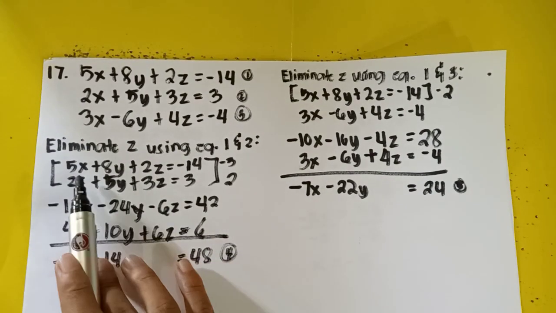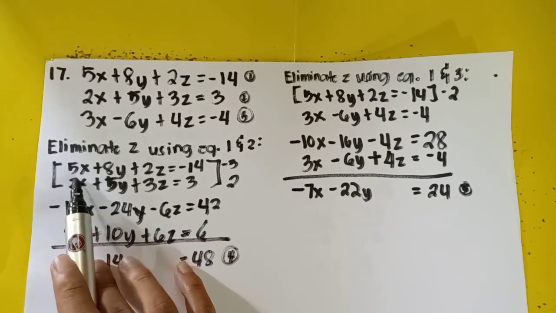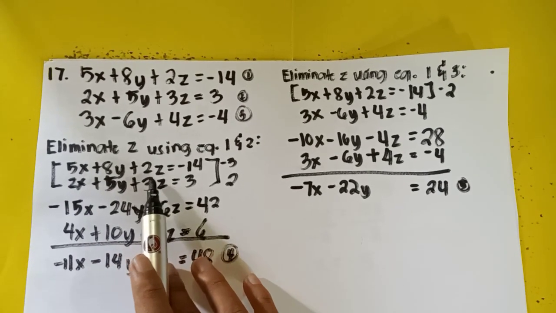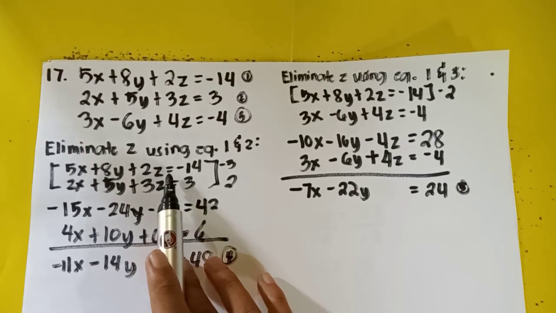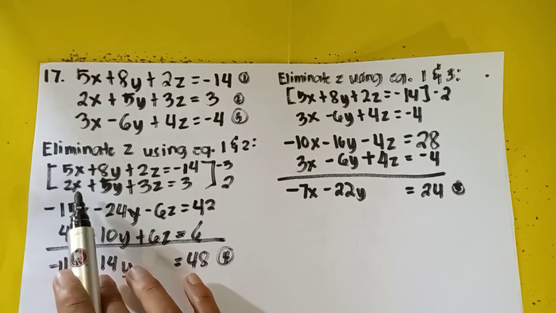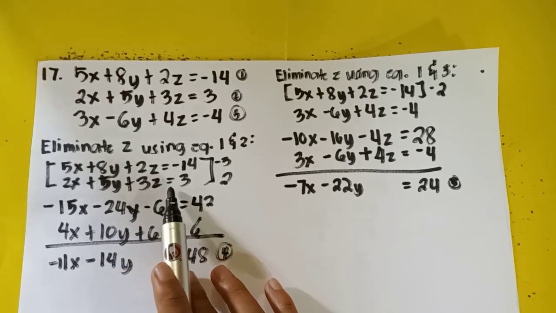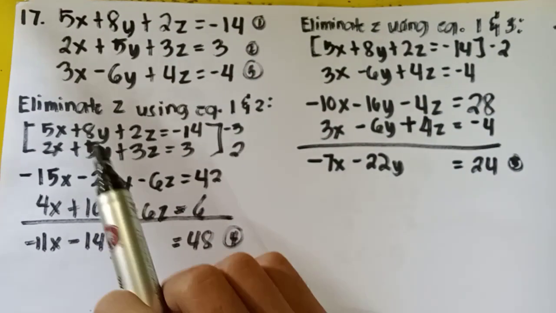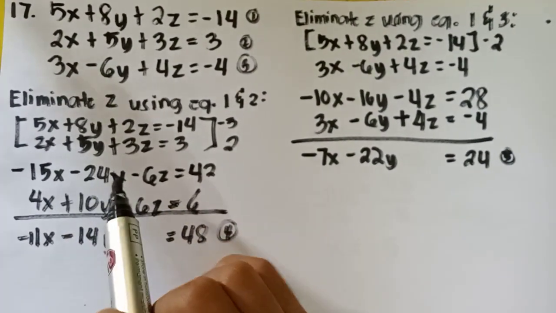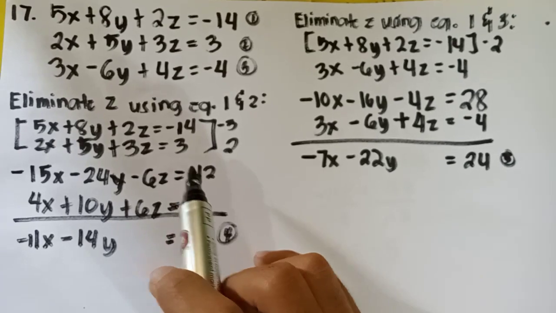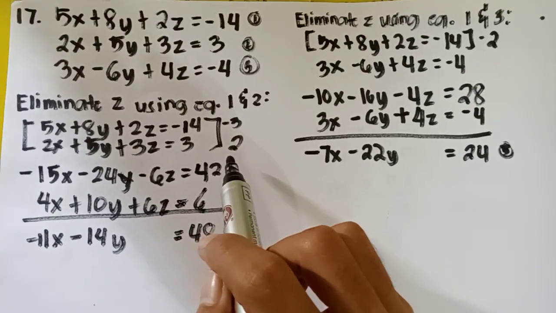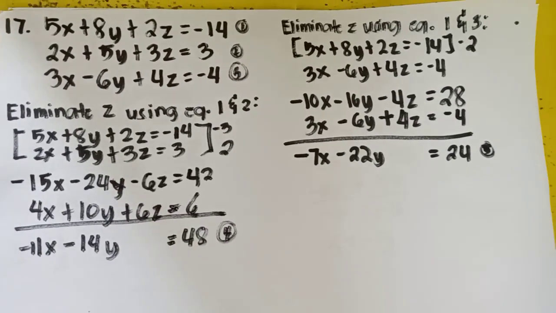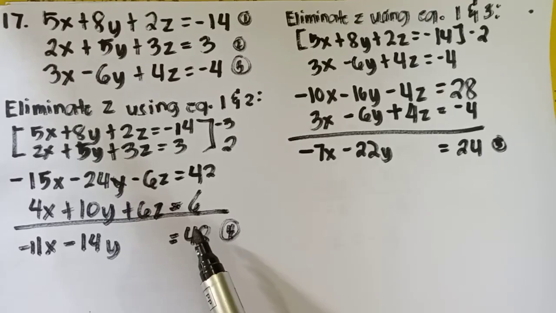So now we'll have here 5x plus 8y plus 2z equals negative 14 and 2x plus 5y plus 3z equals 3. So to eliminate this, next we have here 2x plus 5y plus 3z equals 3 multiplied with 2, and the answer is 4x plus 10y plus 6z equals 6.